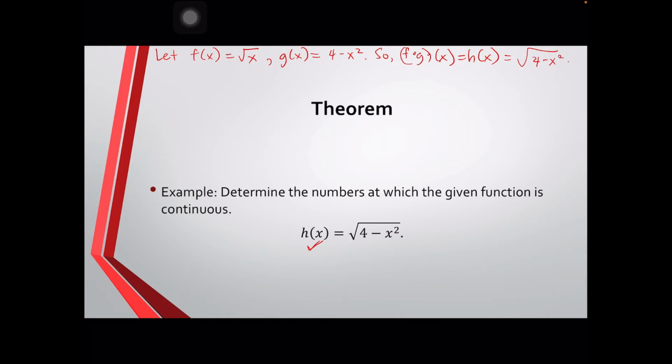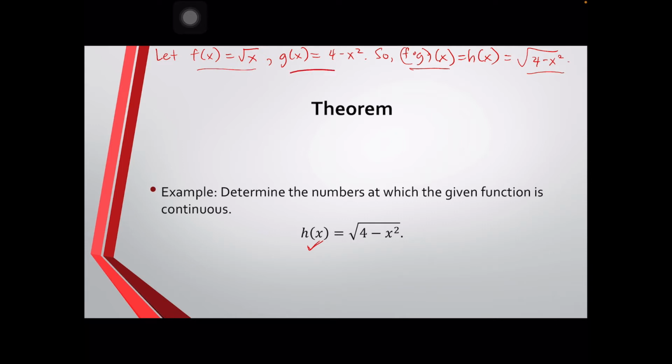I hope you can still remember composite of functions, that f of g of x is definitely equal to square root of 4 minus x squared. So now we have a function f, and a function g.